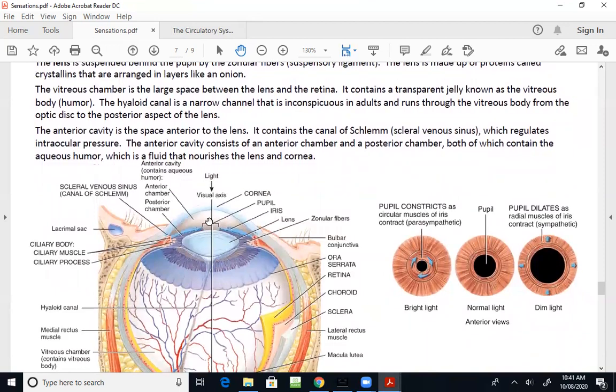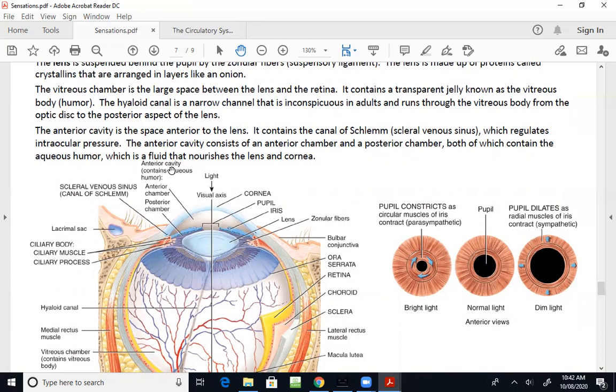Just in front of the lens, between it and that cornea, is a chamber called the anterior cavity, which is going to contain a fluid, which, as you can see, is labeled here as aqueous humor. This fluid, aqueous humor, helps nourish the lens and the cornea.